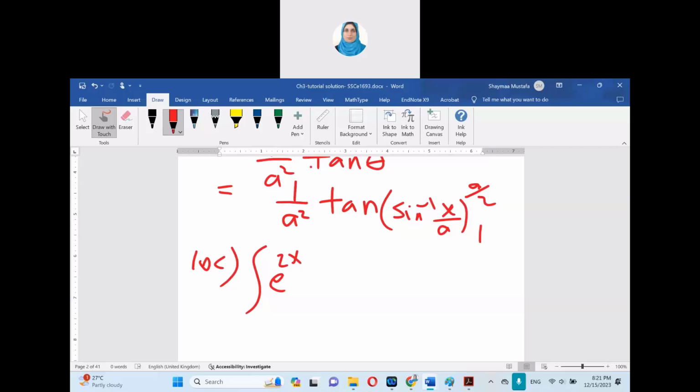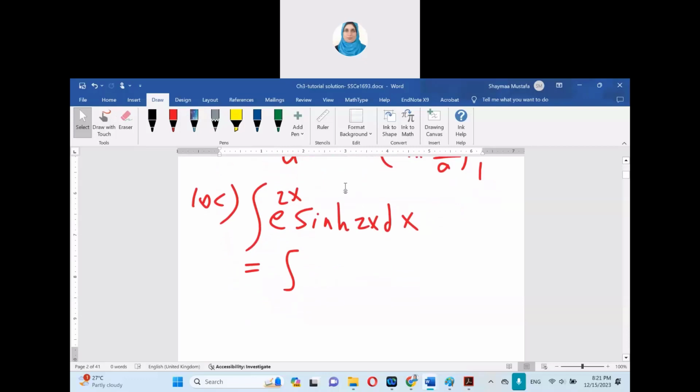Which method of integration can we use? Do you have any suggestion?